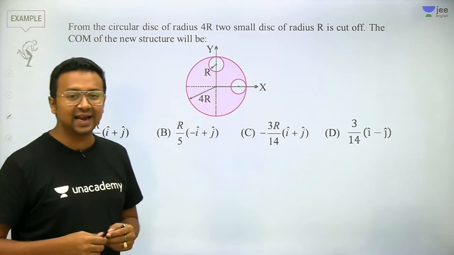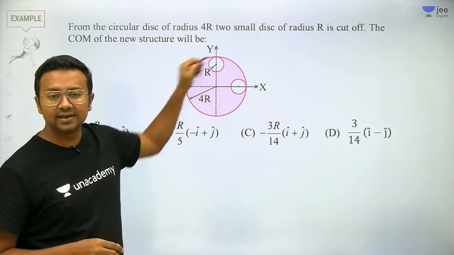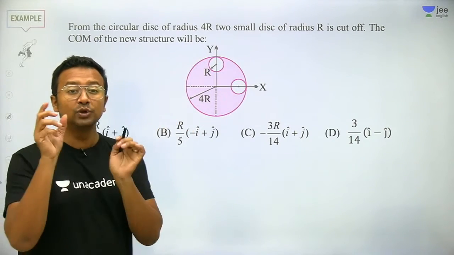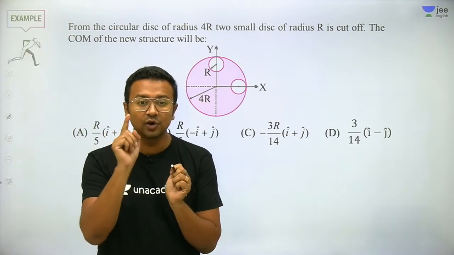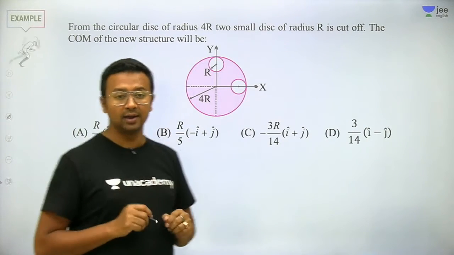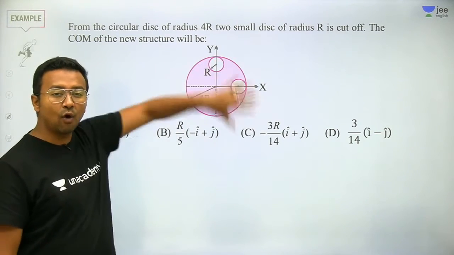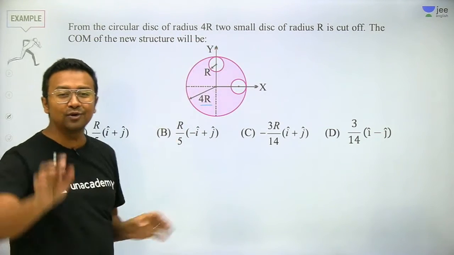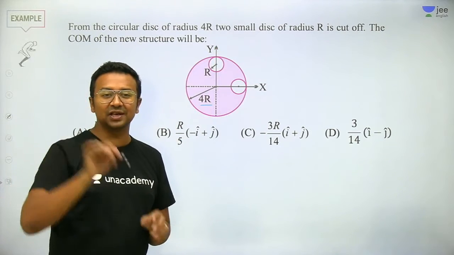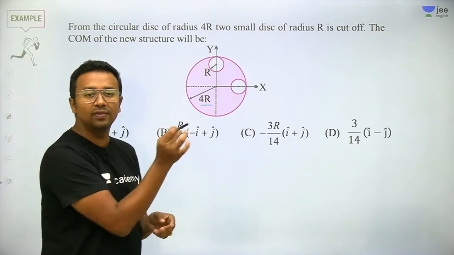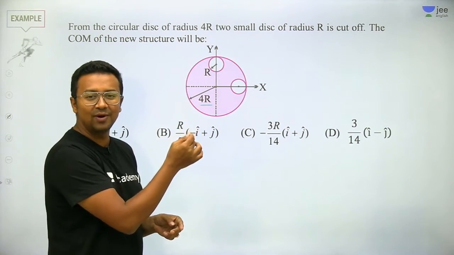Now what is it exactly? See, I have got a circular disc which has got a radius equal to 4r. Now from this circular disc, I'm going to solve this question without even putting ink on the board right now.